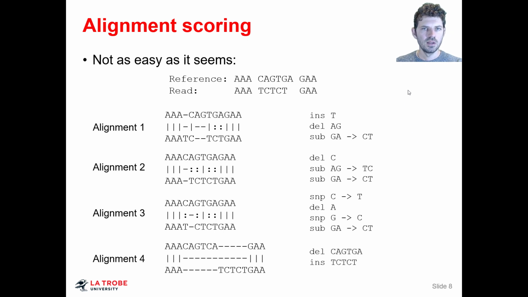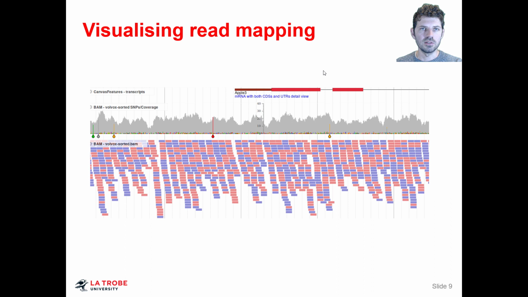However, once you've actually done your alignment, what do you end up with? So this is an example of how we would visualize alignment of our sequence data to a reference. So we have here a chunk of a larger genome. This is the APL3 gene.